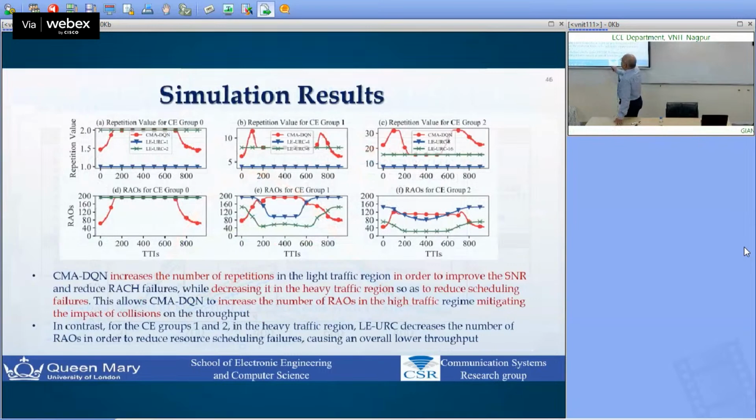You see here, during the bursty traffic, the repetition value decreases for the machine learning one. Why does the repetition value decrease? If you take 640 milliseconds and you have more repetition, then you don't have time to transmit the data. Here you have so many devices during that peak time. So 10,000 devices want to access. If you use this number of preambles, then you don't have time for scheduling.